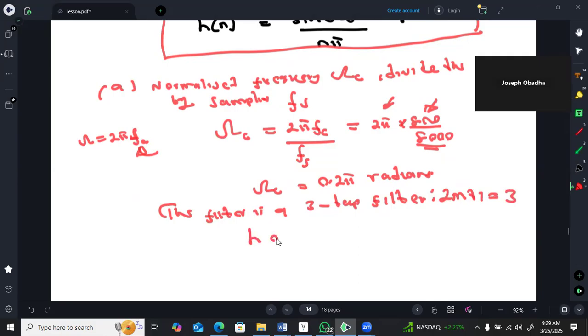Therefore, h naught, the magnitude of the filter response at n equal to 0, is given by omega c over pi, which is equal to 0.2 pi over pi, which is 0.2.